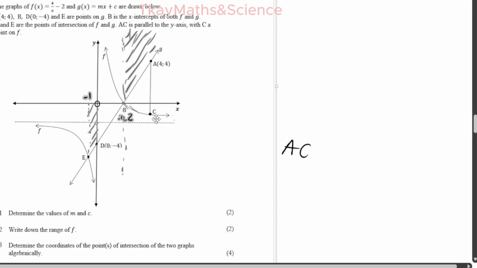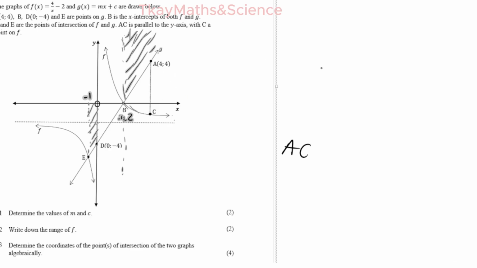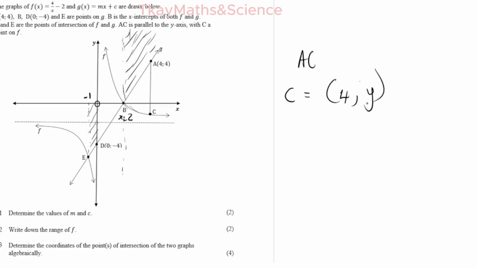So this is calculating AC. Now the coordinates of C are 4, comma, and this one is unknown.